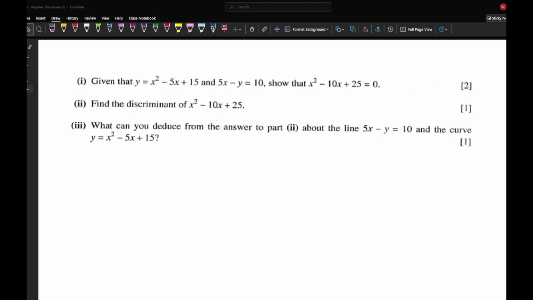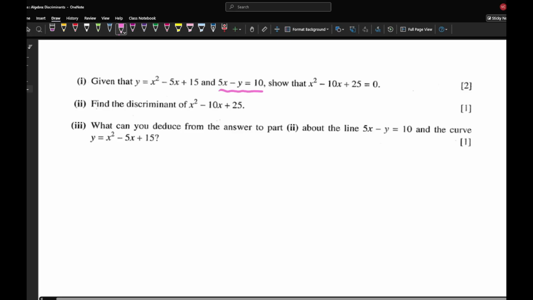Then moving on to our last question, it says, for part 1, given that y equals x squared minus 5x plus 15 and 5x minus y equals 10, show that x squared minus 10x plus 25 equals 0. So for this, all we need to do is substitute our linear equation into our quadratic.